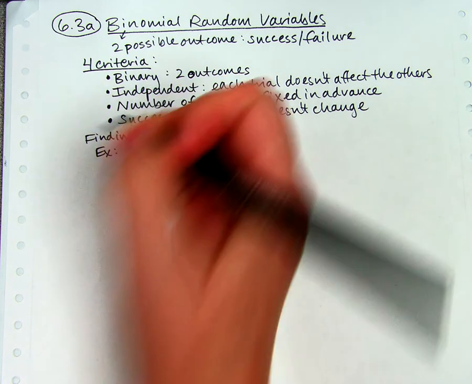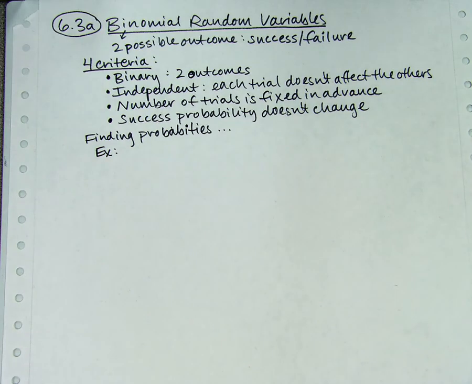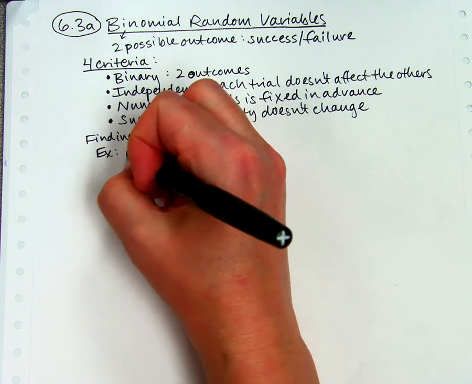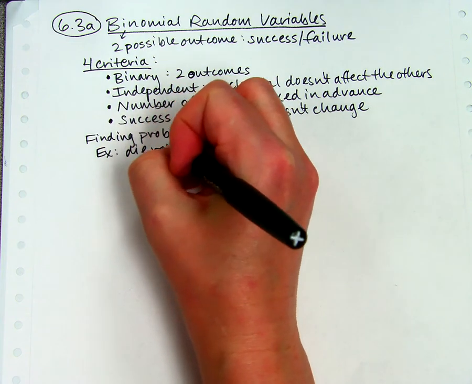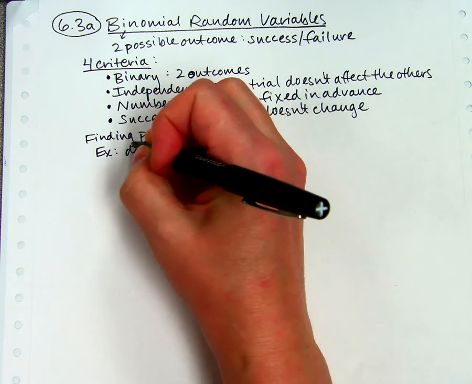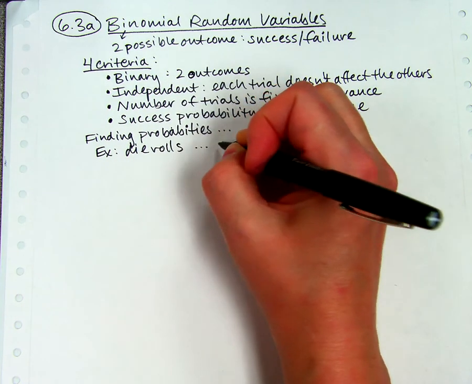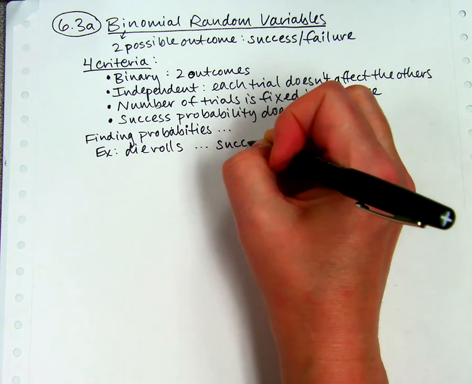Let's not do coins, because the problem with coins is that the probability of success is the same as the probability of failure. And I want one that's different, where the probability of success is not 50%. So I'm going to do die rolls. We're going to pretend we're rolling a die. And we're going to say a success is defined as getting a 1 or a 2.